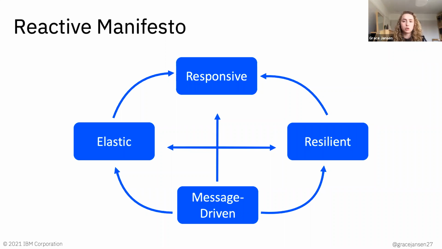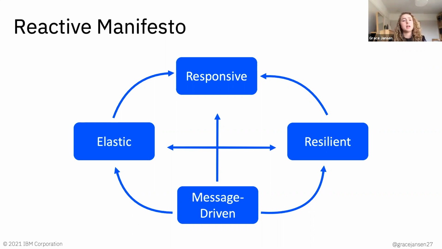And this asynchronous form of communication enables 2 other behaviors, elasticity and resiliency. Elasticity is all about being able to scale both up but also down within our applications, depending on that fluctuating load that I was describing at the beginning. When you have a high throughput, for example, or a high load on your system, you might want to increase the number of microservices or instances you have running.